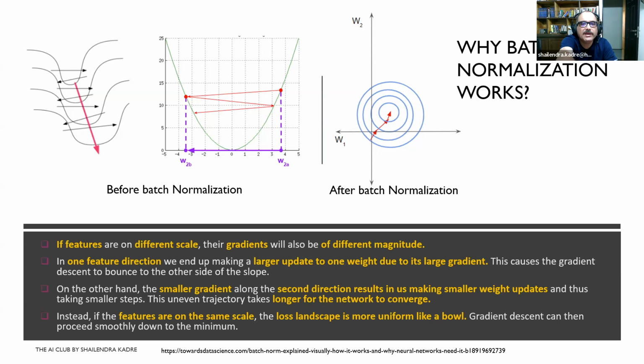Suppose you are coming down from the right-hand side. Instead of sliding down to the minimum, your step size is so big that you jump over the minimum to the left-hand side. Instead of going down, you go directly to the other side of the curve. That is the disadvantage of not scaling the features, or having features on a larger scale.